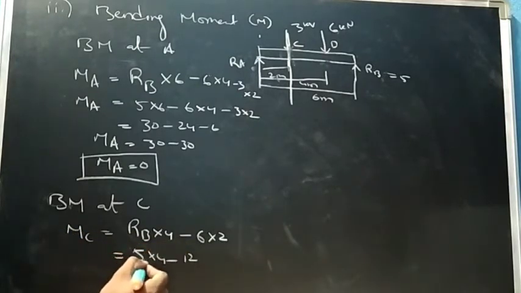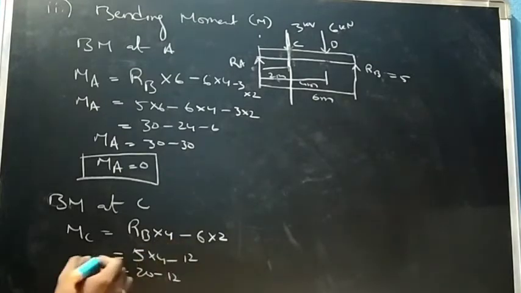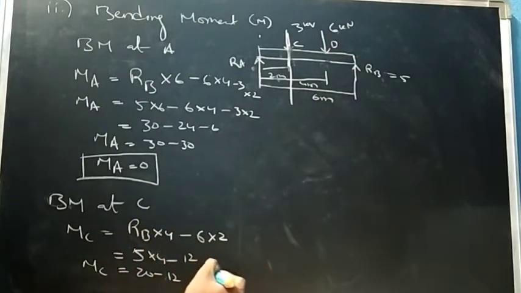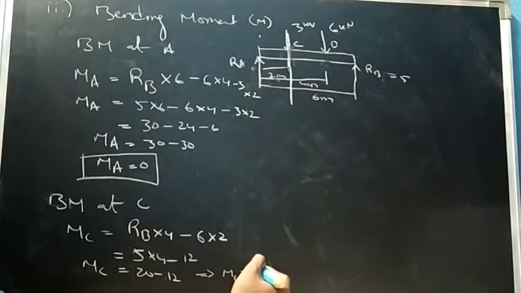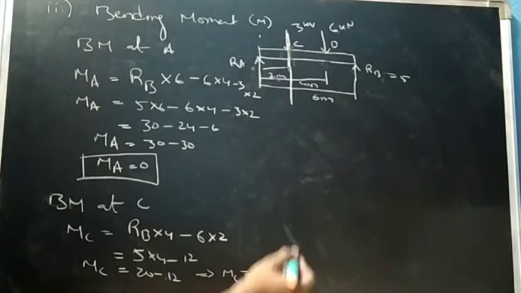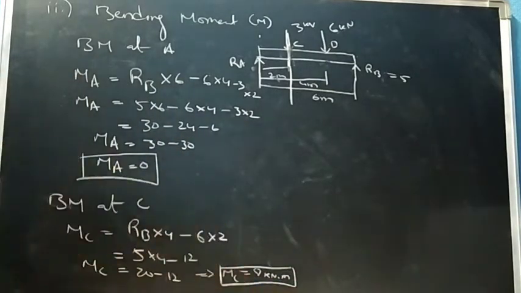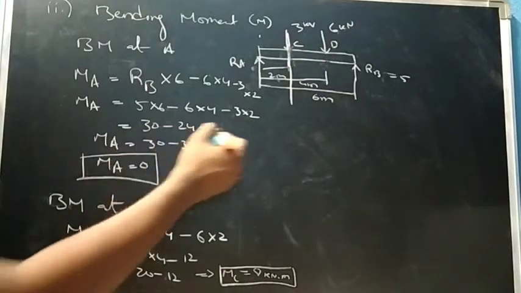So we got the value, that is 20 minus 12, that is MC equals 8 kilonewton meter, right? So we got the value of moment at C. Now we'll find out moment at D.